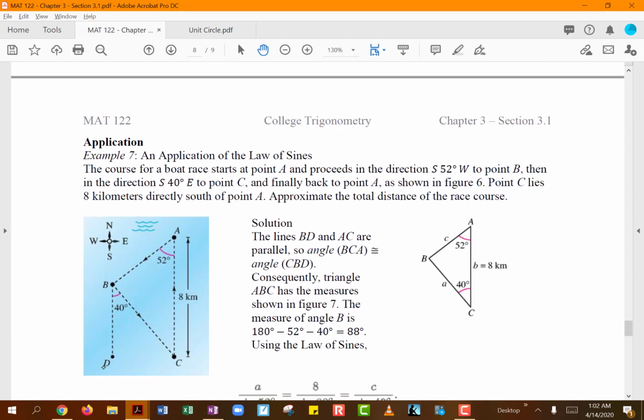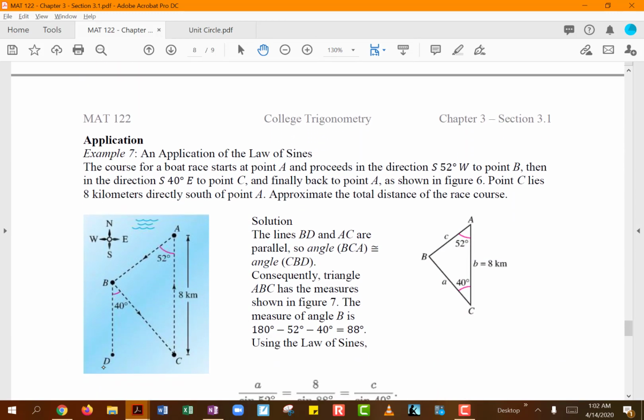Alrighty guys, so the last thing we want to talk about is just an application where we can use this idea of law of sines. They're telling us a course for a boat race starts at point A. It proceeds in the direction of 52 degrees southwest, so it's coming 52 degrees to point B. Now remember, these bearing angles are always done with respect to the vertical north-south line, so that's why this is your angle of 52 degrees.